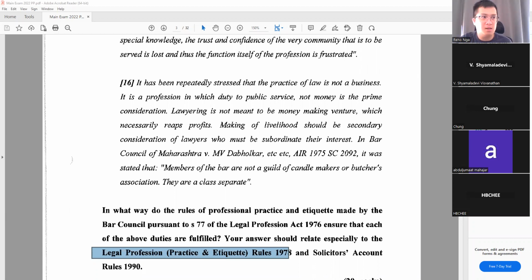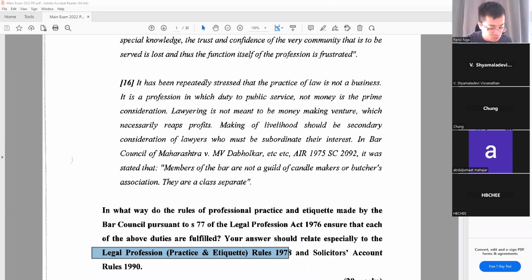There are a few rules you must take note of, which we will use quite often. Number 1, the Legal Profession Practice and Etiquette Rule. That one talks about in what situation you can take the case, what you shouldn't do, and what you should do.